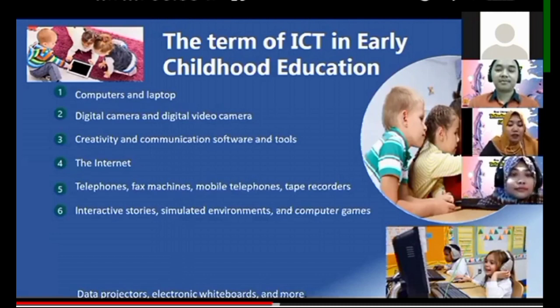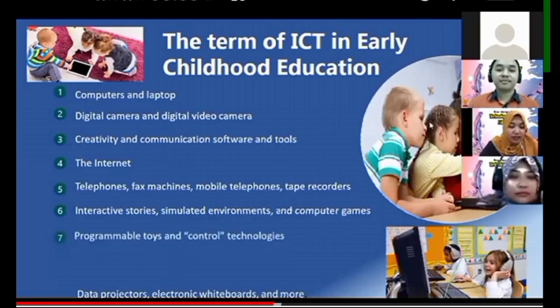And then telephones, fax machines, mobile cell phones, tape recorders, interactive stories like you guys told us before, simulated environments, and also computer games. These are also part of ICT for children. And then programmable toys and control technologies.